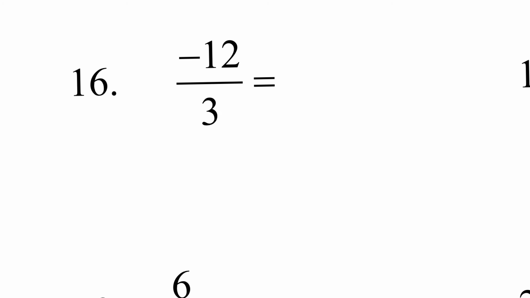Let me put the plus on the bottom. So you can see it. There's a plus here. So when you have different signs, the answer will be negative. Or you can also think about how many negatives you have. There's only one. So that's an odd number. 1 negative. 1 is odd. So my answer will be negative because they have different signs, and 12 divided by 3 is 4. So negative 4 is my answer.